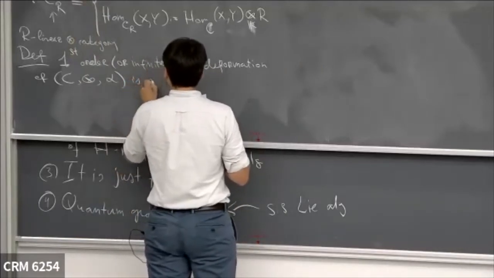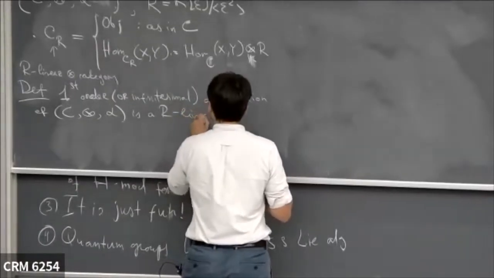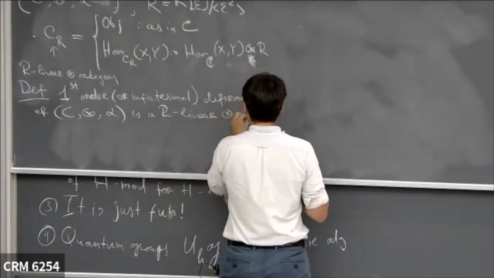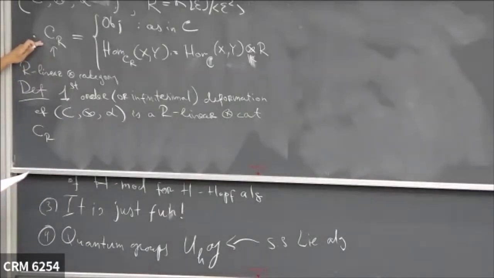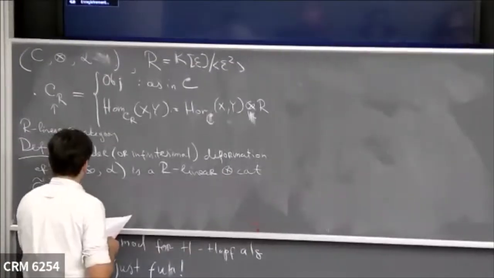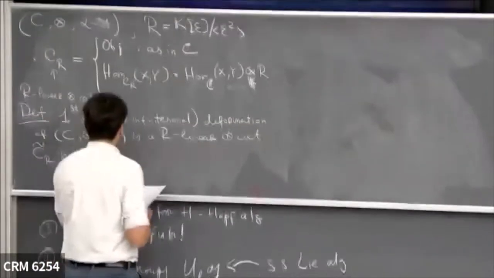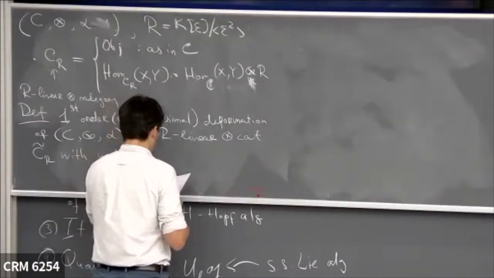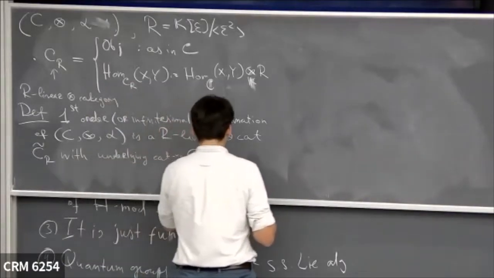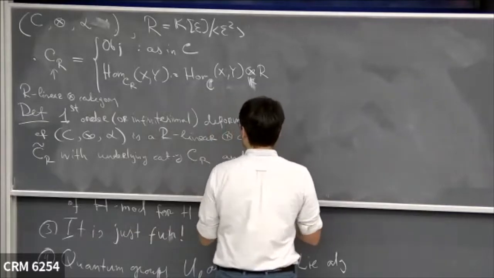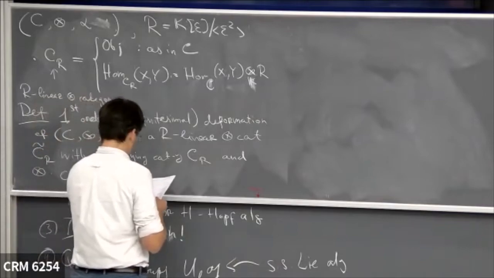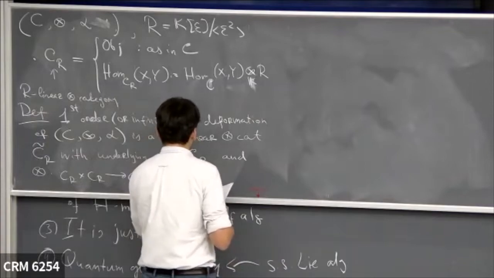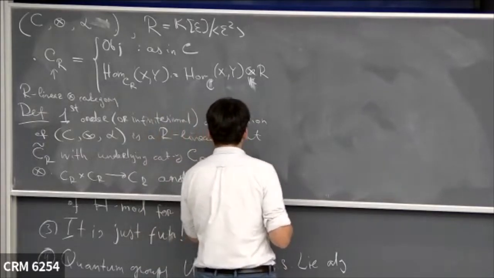It is an R-linear tensor category, let me distinguish it from the trivial deformation, C_R twiddle, with underlying category C_R, tensor product C_R cross C_R to C_R, and associator some alpha twiddle.